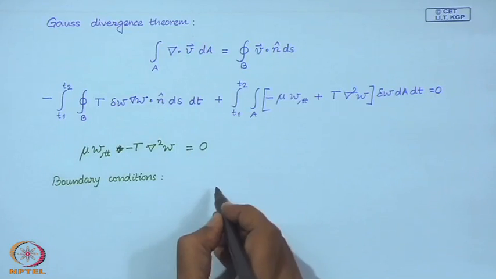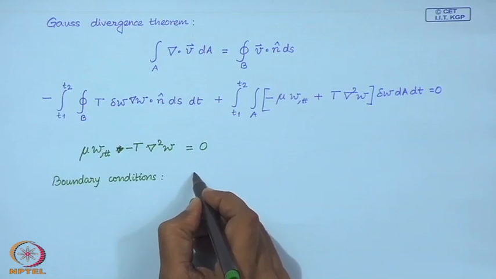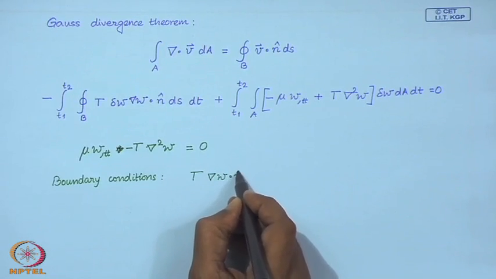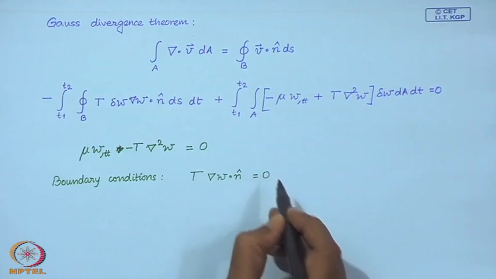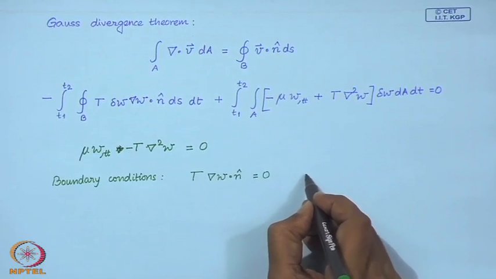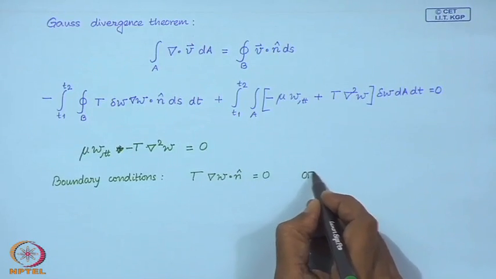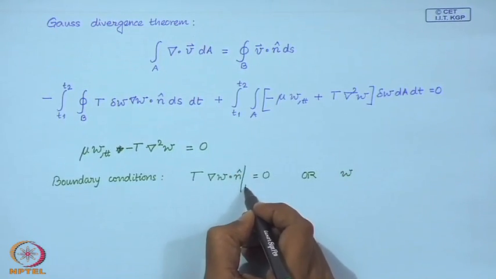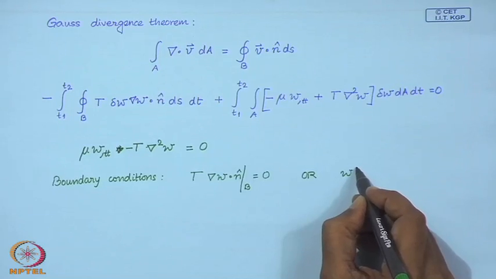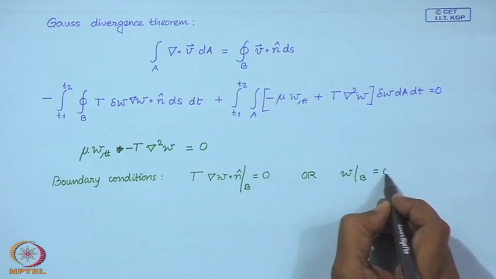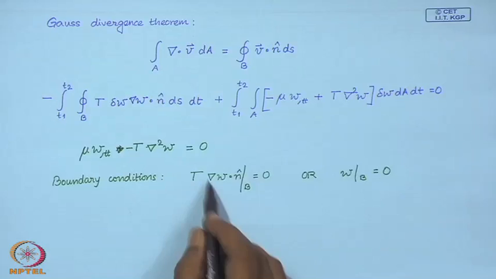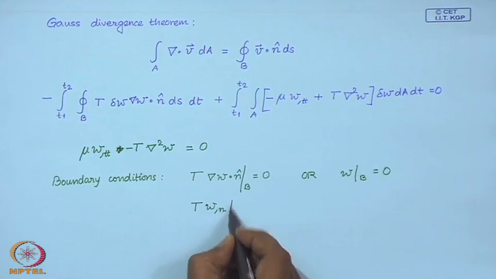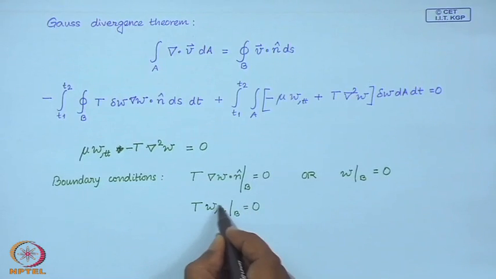So, we must have, so this calculated at the boundary, of course. This is sometimes written as, so is the normal derivative.